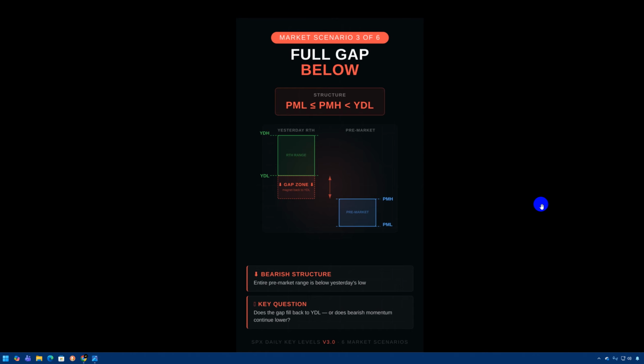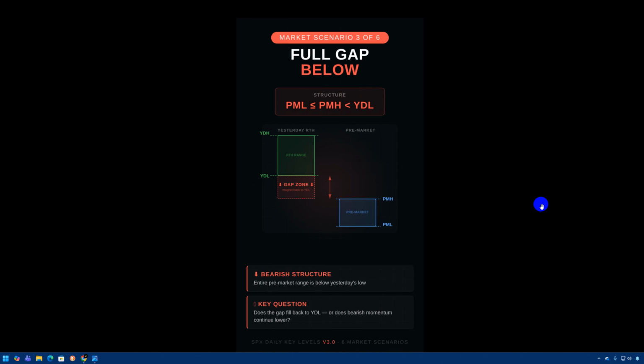So in this scenario, just like gap up, the gap size matters. Depending on the size of the gap, that will affect which key levels are going to be the priority in this situation.